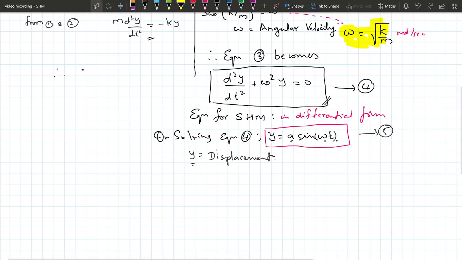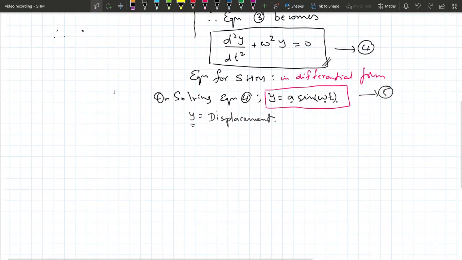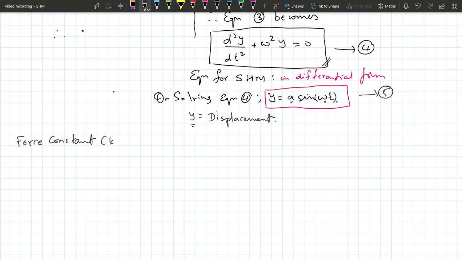Now I have to tell you the meaning of the force constant. What is this force constant K?